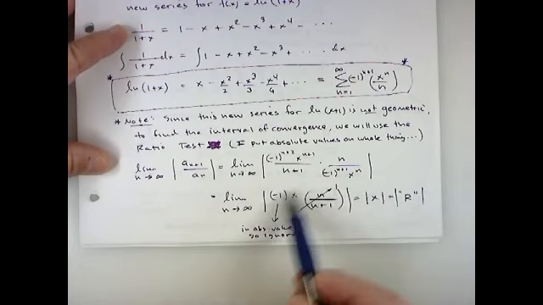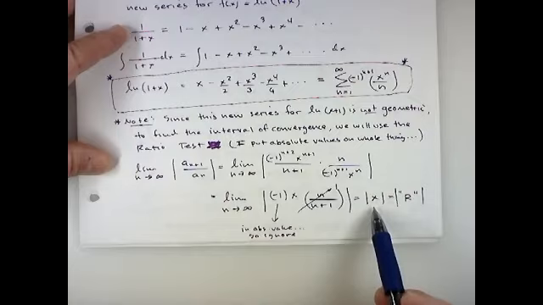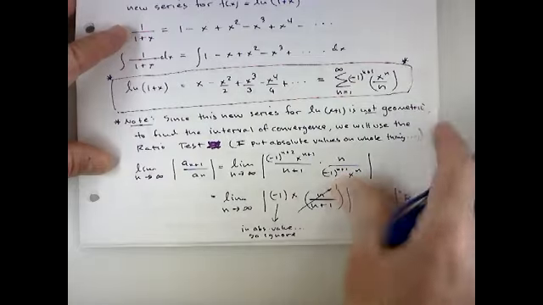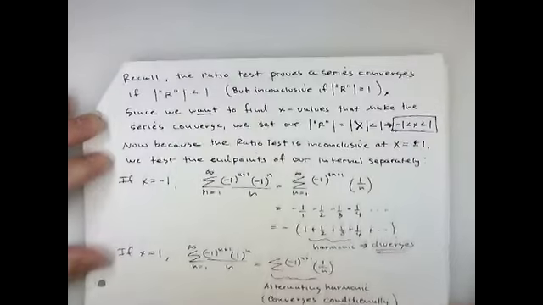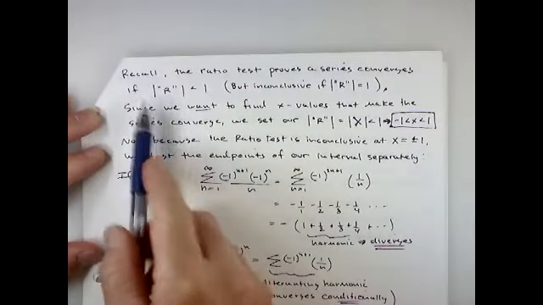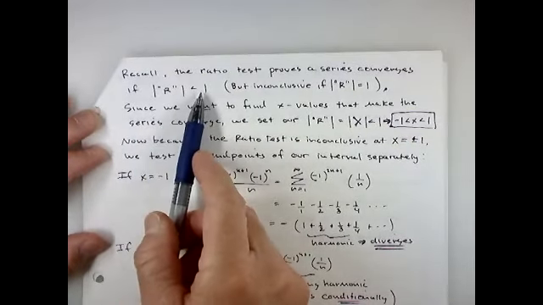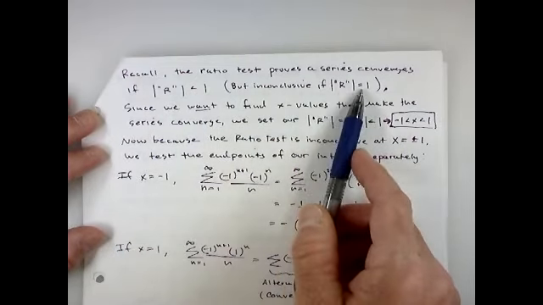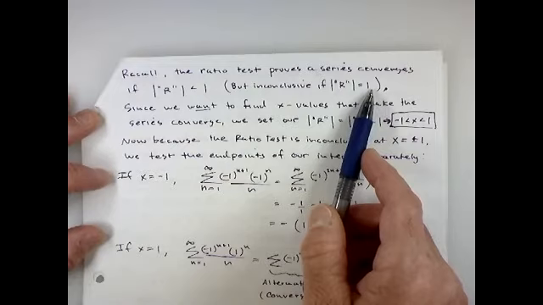So what I have left over is the absolute value of x, which we were calling that quote unquote r value. Remember, by the ratio test, this series will converge only if the absolute value of r is less than 1. Remember that the ratio test is inconclusive if the absolute value of r equals 1.